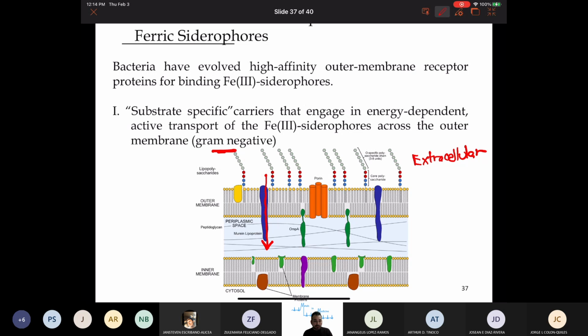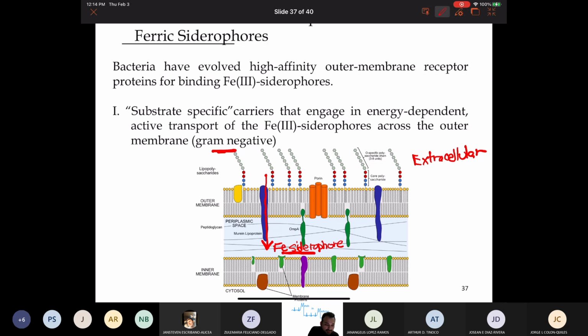The next thing that's going to happen, as I was just describing, is that there's a protein that's going to pick up that iron siderophore complex. And then that protein is going to help that iron siderophore to be able to cross through the inner membrane into the cytosol.